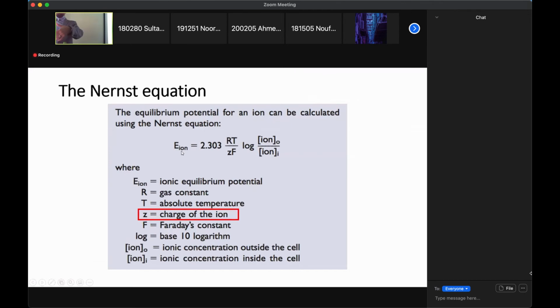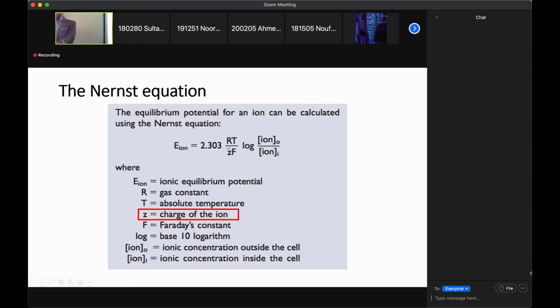The equilibrium potential for a particular ion equals 2.303 times RT, where R stands for gas constant, T for absolute temperature, Z, which is important, is the charge of the ion, whether it's positive or negative, and F is a constant, over Z F, times log the concentration of the ion outside over inside. This may look complicated, but it's actually not.